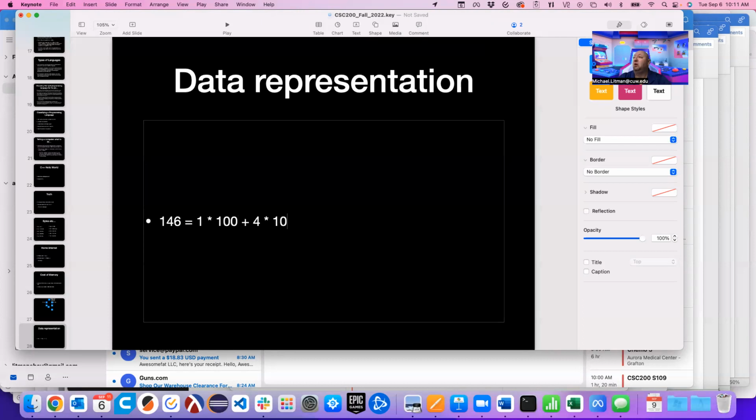So I have 4 groupings of 10 plus 6 groupings of 1, right? And you do all that math and add them all together, you get 146. Felt like a waste of time, but that's effectively what that 146 meant. It's a single way of describing a single grouping of 100, 4 groupings of 10, and 6 groupings of 1s. It's a way of representing that, right?